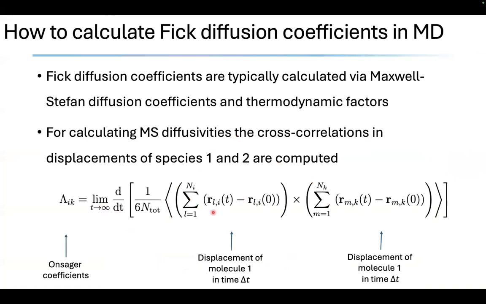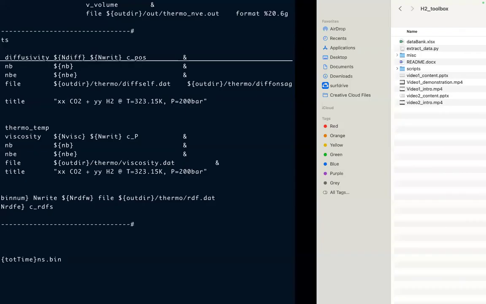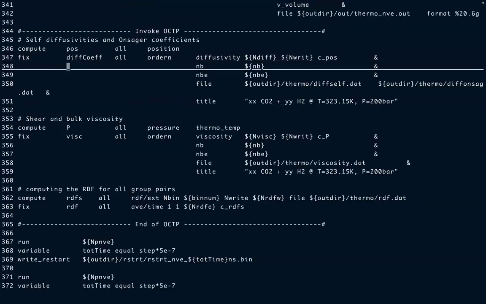The Onsager coefficients are precisely these cross correlations between molecules of type 1 and molecules of type 2. Kindly notice that there is a typo here, that this should be molecule 2 rather than molecule 1. So these are the cross correlations that we are interested in, and this is what is computed by the OCTP plugin.